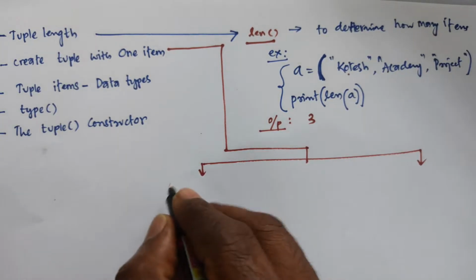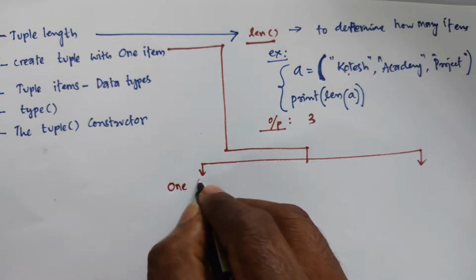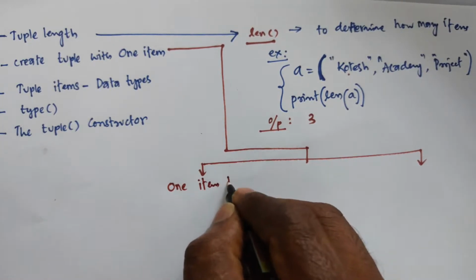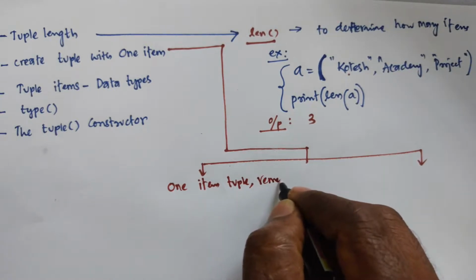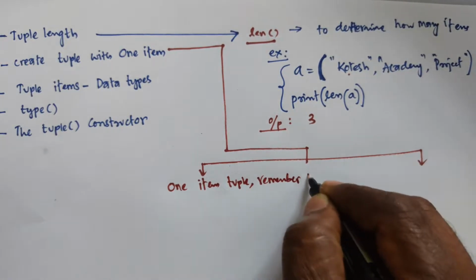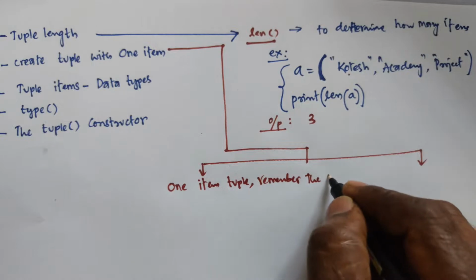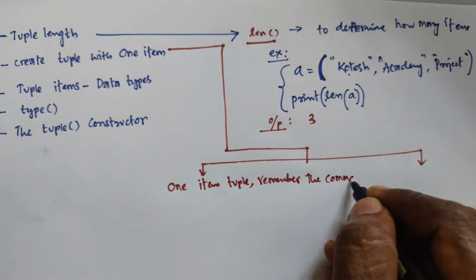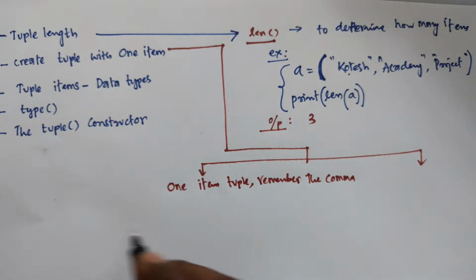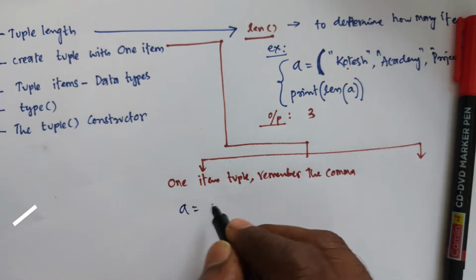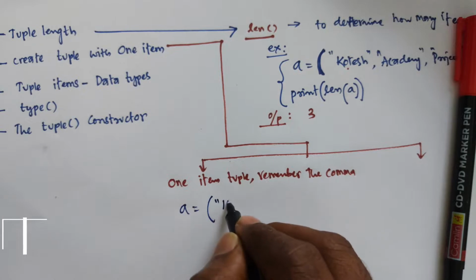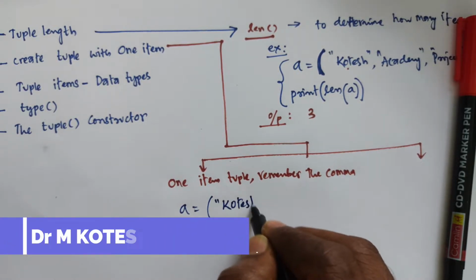For example, this is a one item tuple. Remember the comma. Okay. For example, A is equal to, we have the name Kotesh.